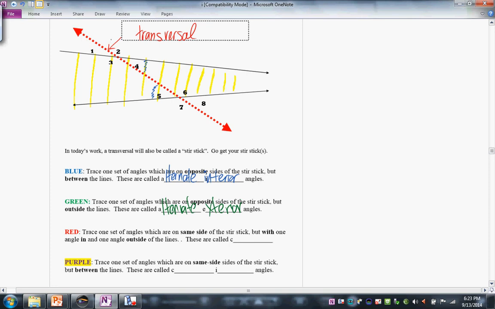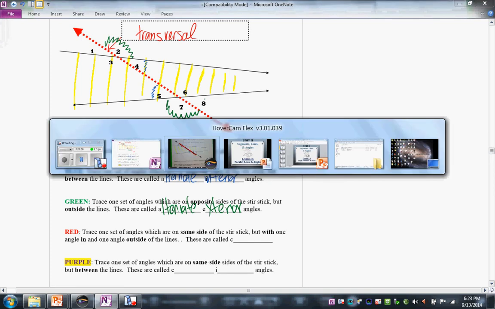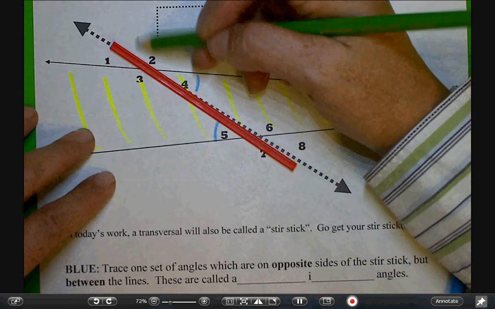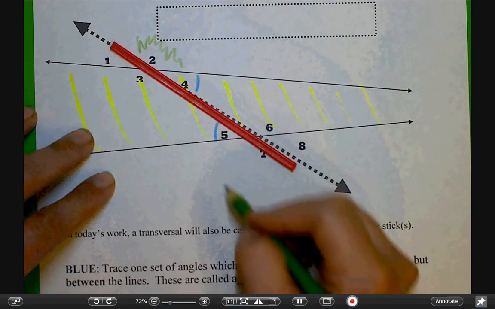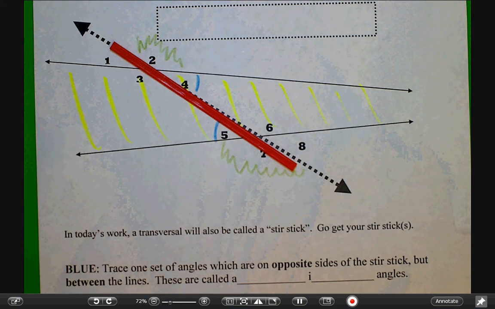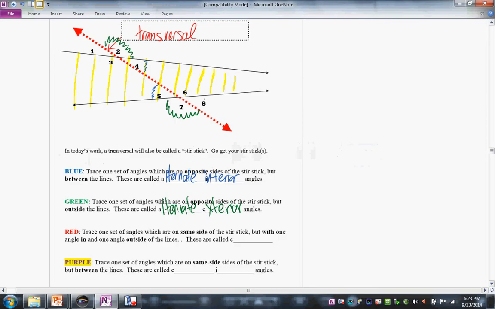An example of this would be angles opposite of each other. 2 and 7 are opposite of each other on either side of the stir stick, but they're outside the lines. I'm doing this in green. This is called alternate exterior. So opposite sides of the stir stick, but outside the lines. That's alternate exterior.